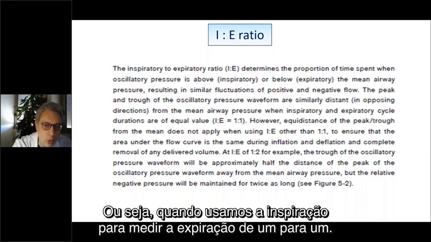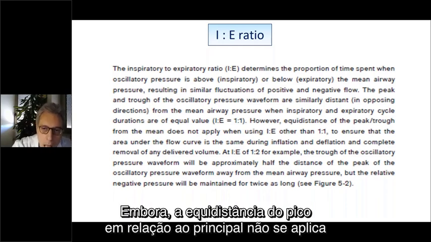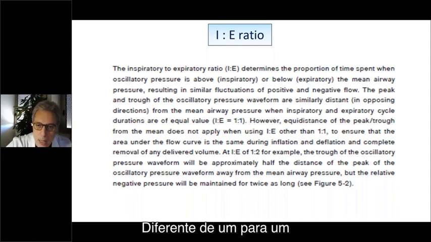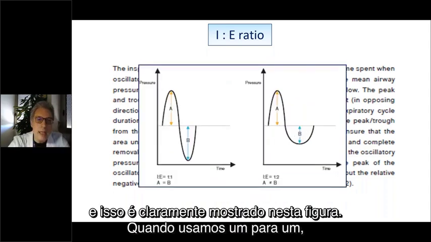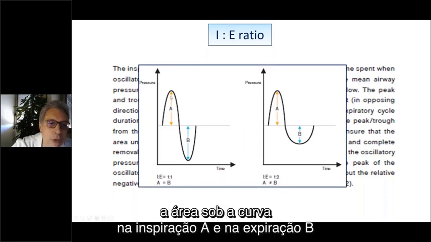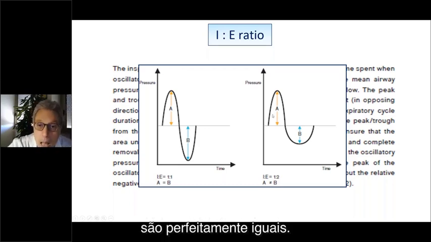That is when we use inspiration to expiration ratio of 1:1. However, equidistance of the peak and trough from the mean does not apply when we use inspiration to expiration ratio other than 1:1. And this is clearly shown in this figure. When we use 1:1, the area under the curve in A inspiration and B expiration are perfectly the same.